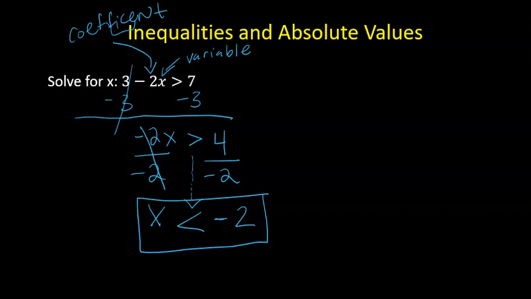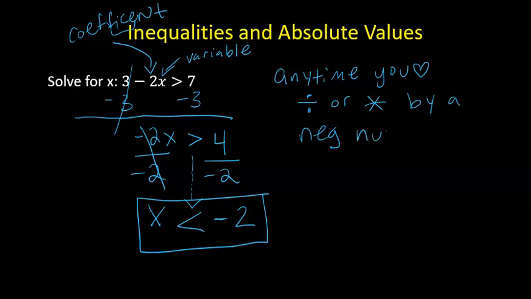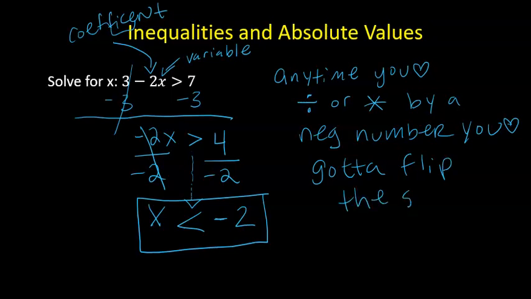Anytime you divide or multiply by a negative number, you gotta flip the sign. Okay, great. So anytime you do that, you gotta flip the sign. And we're gonna do set builder notation, so let me try to do it fancy.